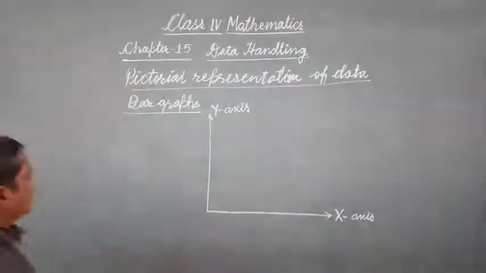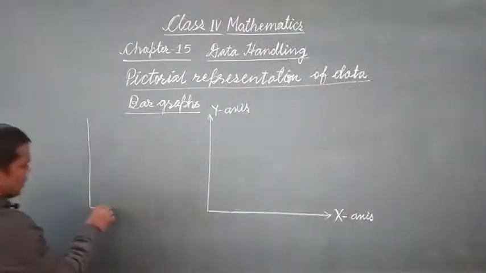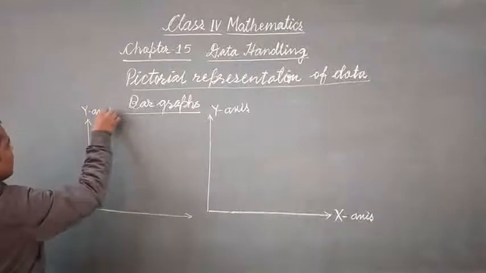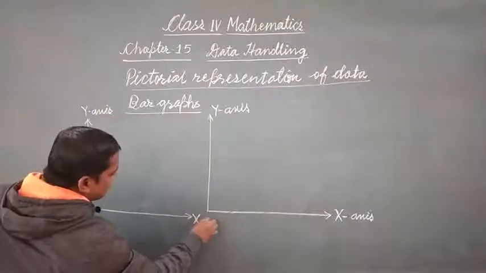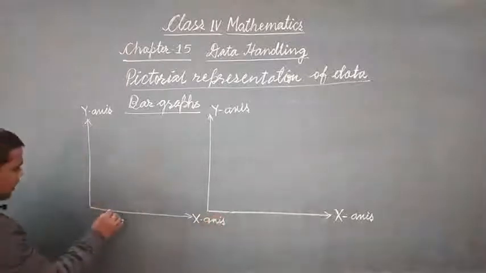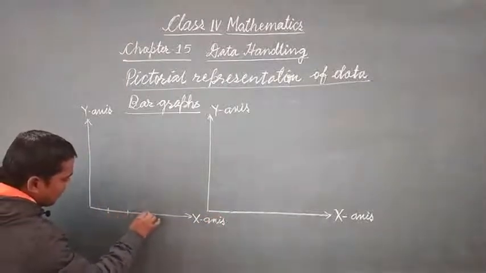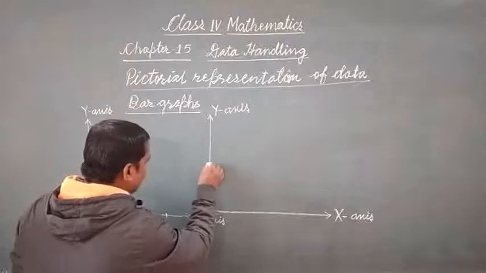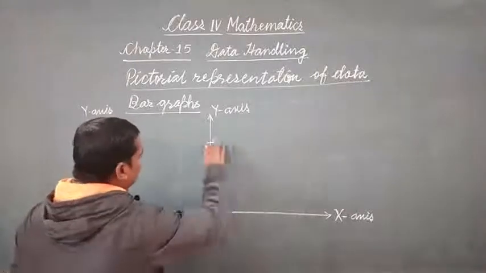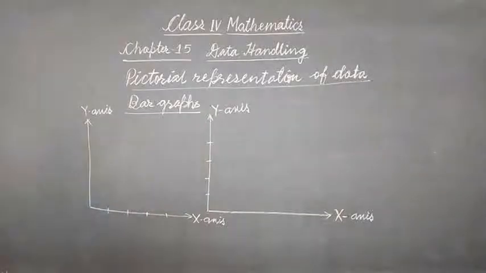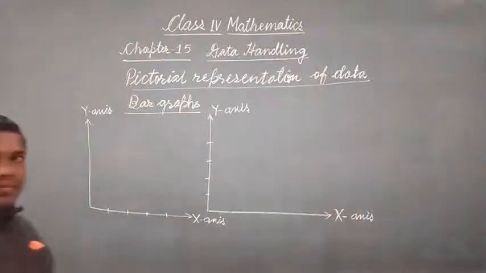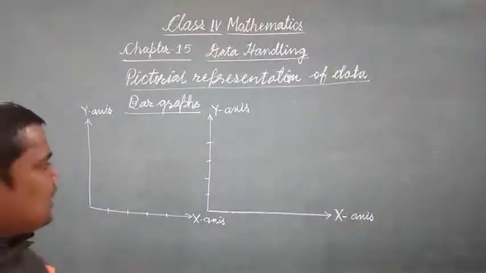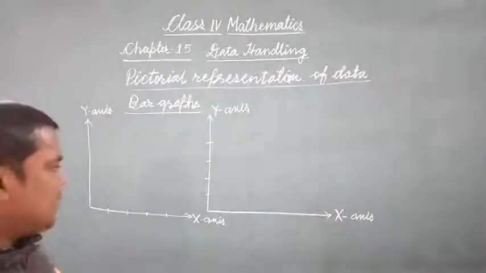Look here, another one I am showing, two cases. Here is the y-axis again, and here is the x-axis. In this example, I am going to represent the number of students who scored marks in different subjects.